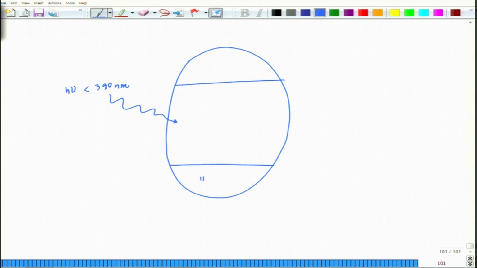Here you have the holes, which are positive, deficient in electrons, and you have the electrons. This is your conduction band, whereas this one is your valence band. Now you have a band gap in between, which is Eg, your band gap.